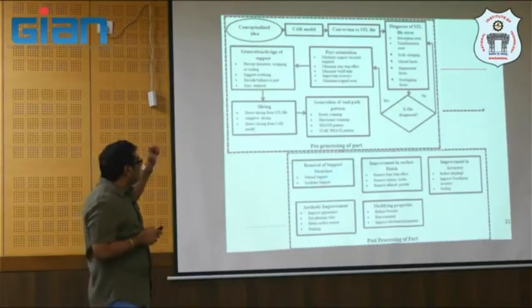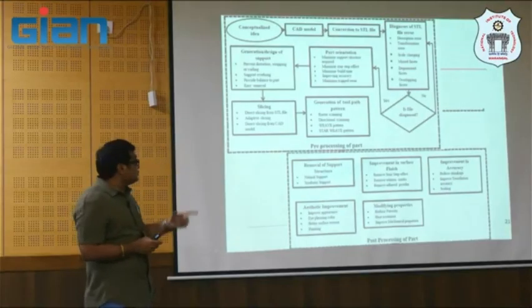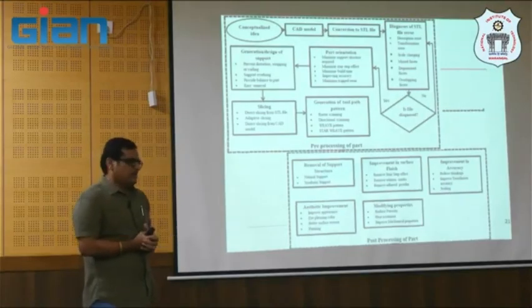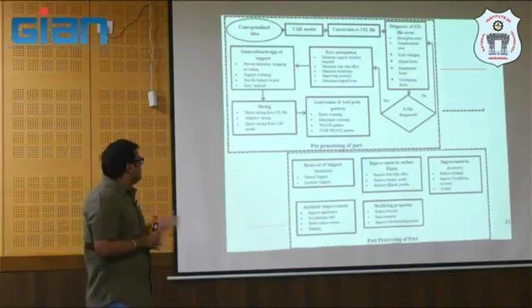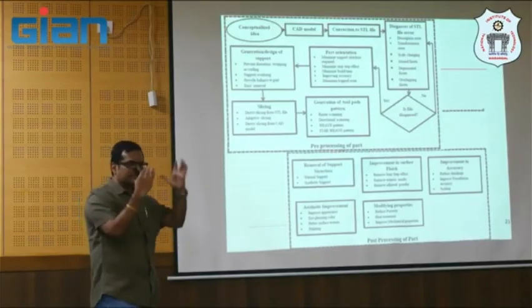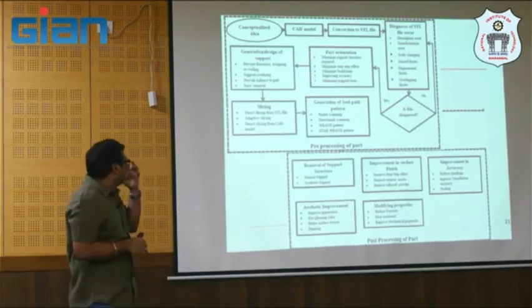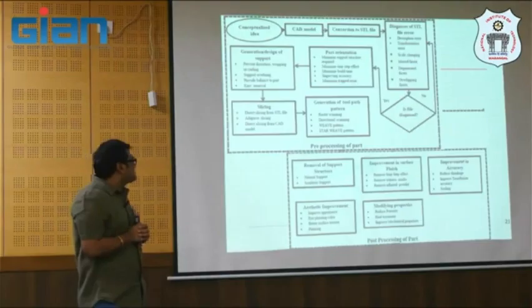We need to prevent distortion, warpage and curling, so your supports are going to play a major role. Then how do you do that? And support overhangs, that is the angle you have on down-facing and up-facing surfaces. How are you going to handle that? And providing balance to the part and easy removal may be another aspect.